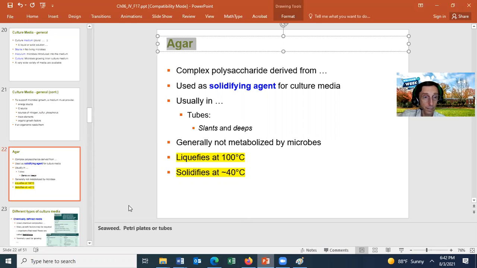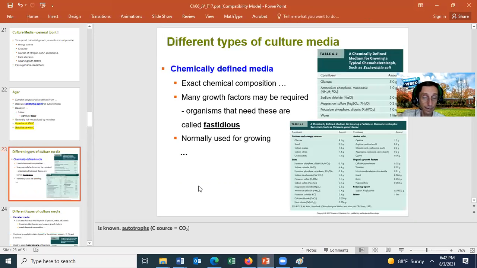Agar is generally not metabolized, and that's why it's used as a solidifying agent. You can have different types of media. There's chemically defined media, where the exact chemical composition of the media is known. All of the molecules in the media you added to make the media. So here would be a simple one.